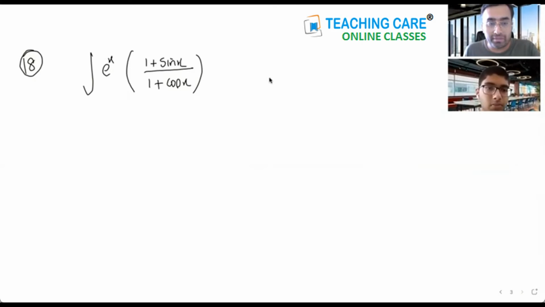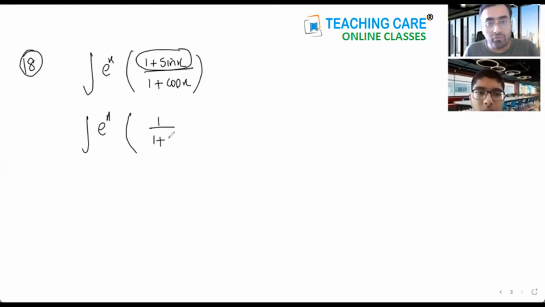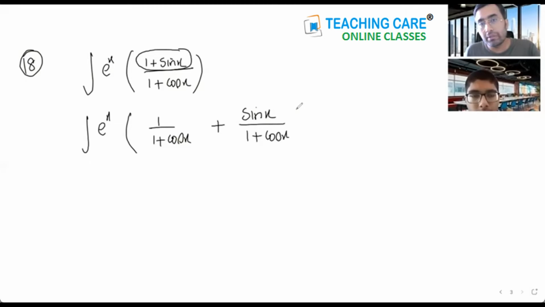We'll break it. e raised to the power x, we can break it like this: 1 over (1 plus cos x) and then sin x over (1 plus cos x). Only two terms. So now we'll try to simplify it.